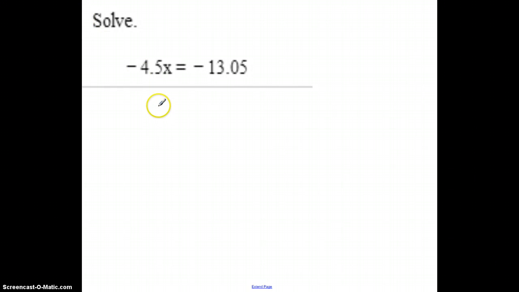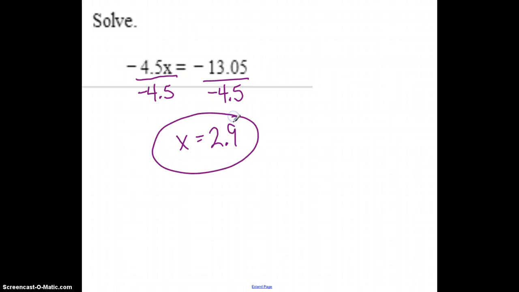Okay, now decimals you handle the same way. I have to get rid of this negative 4.5, so I'm going to divide both sides by that. So x equals 2.9. Okay, on this one we have to distribute. So 3 times x is 3x. 3 times 1.4 is 4.2.